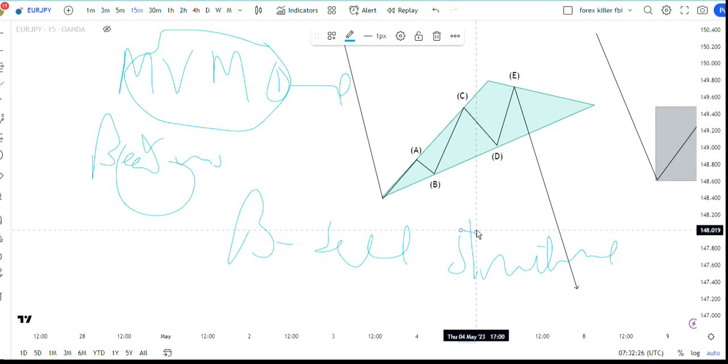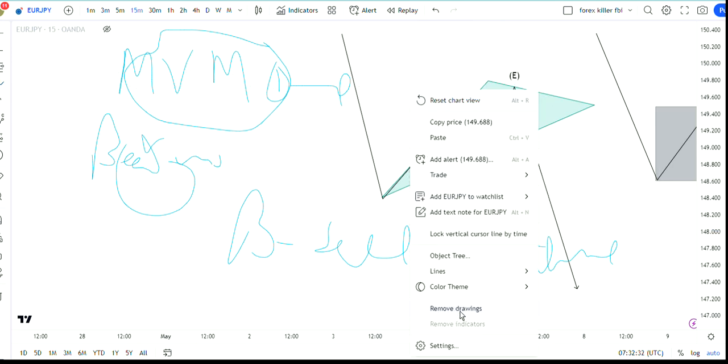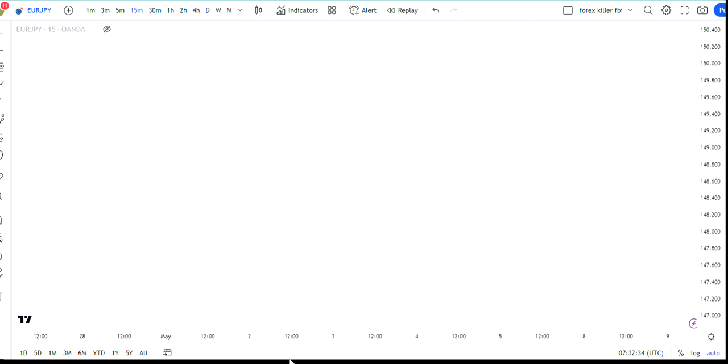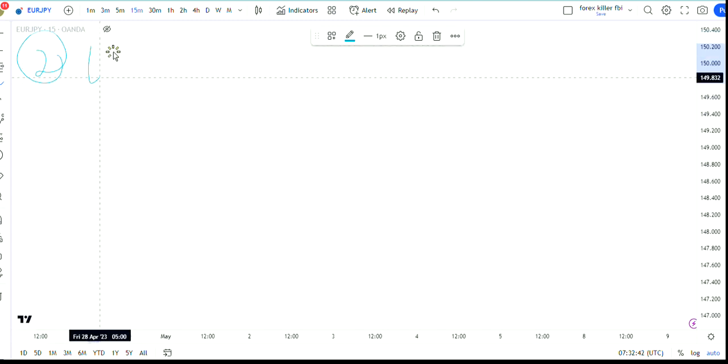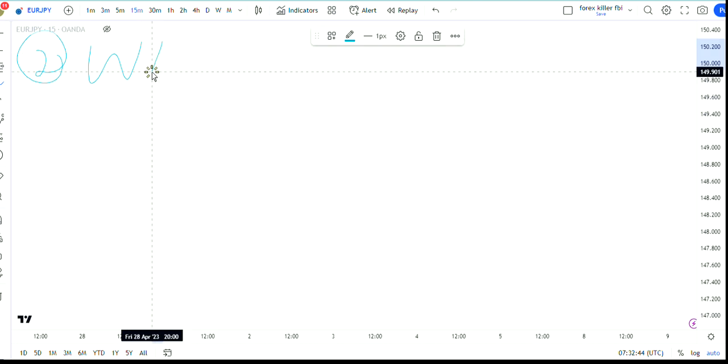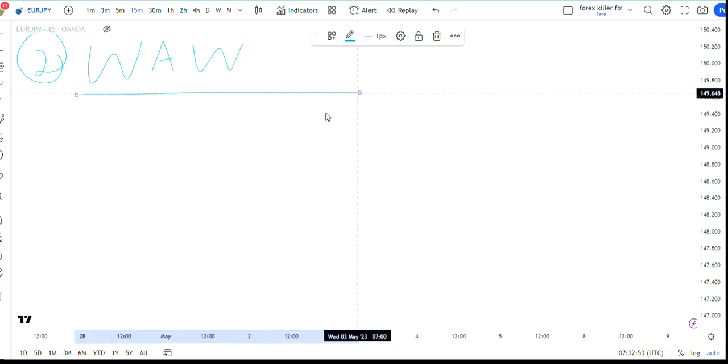So after structure formula 1, we will be having structure formula 2. That is what we call the W, M-like structure, then the A-like structure, and we have the W right here.